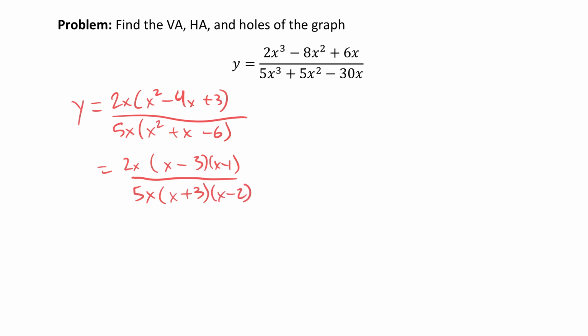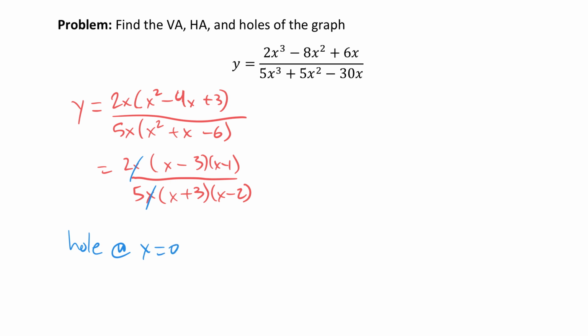So now we can go ahead and see if there's any simplification to do. Looks like we've got an x that's in common. We can cancel that out, and the rest of it looks like it's going to stay. That's okay. So canceling that out means we have a hole at x equals 0.